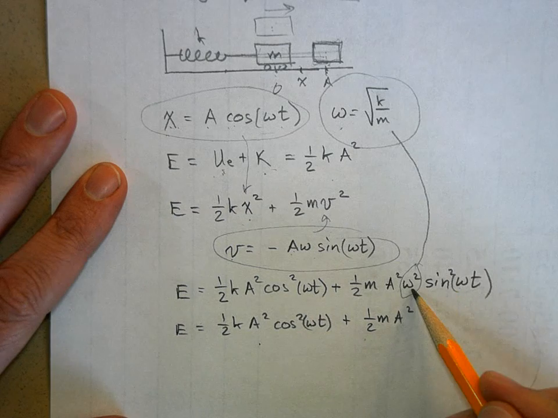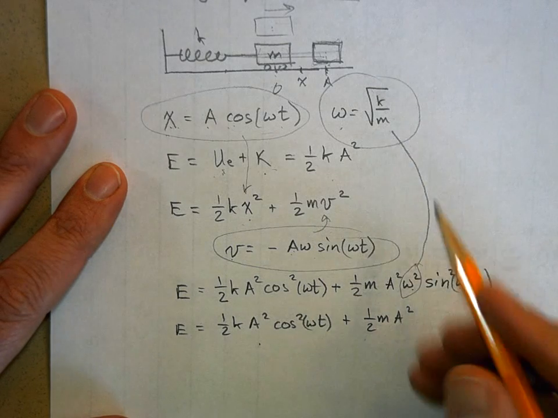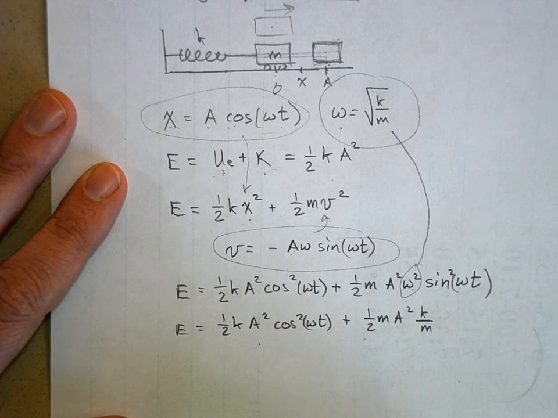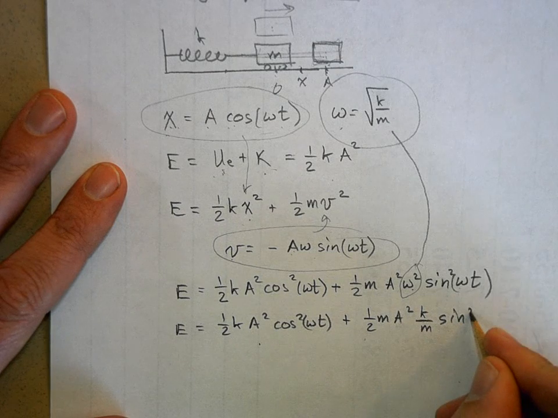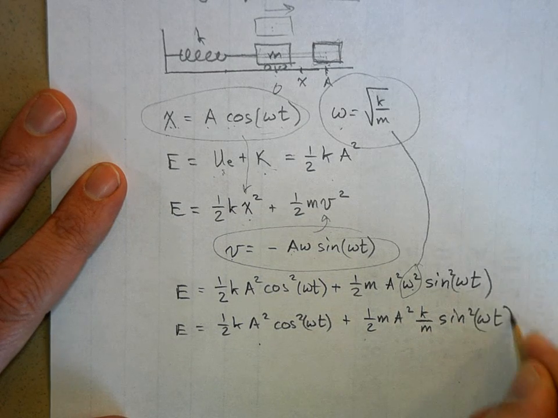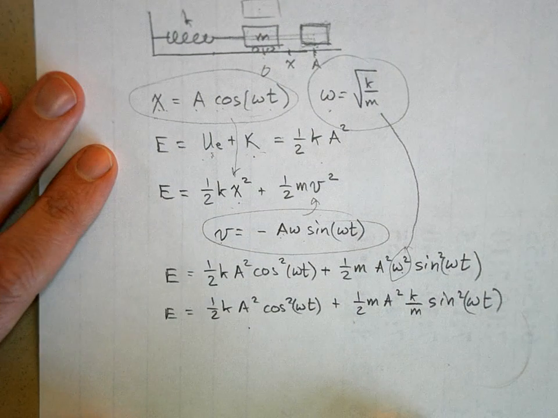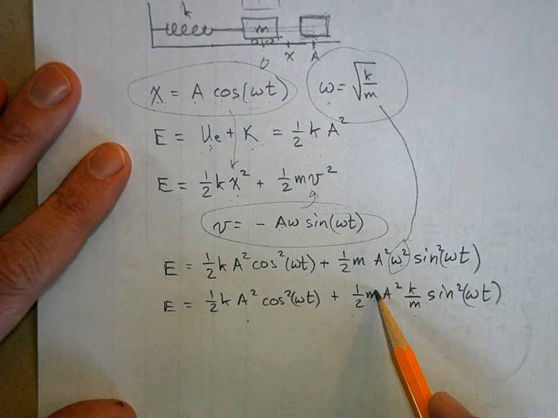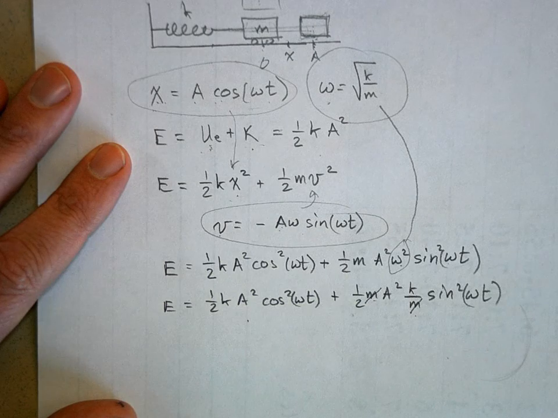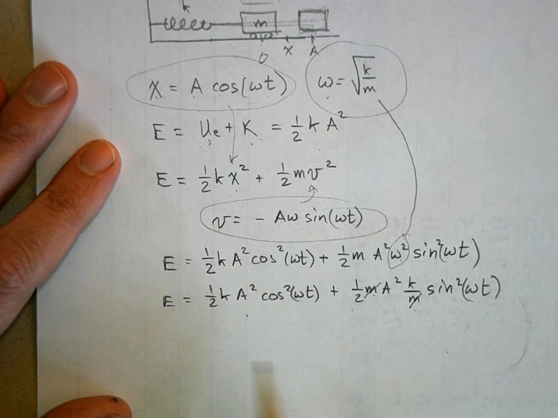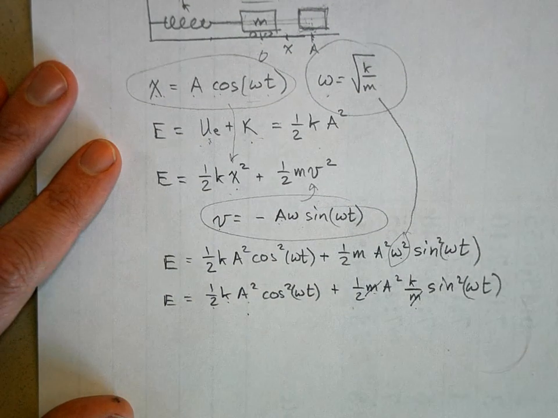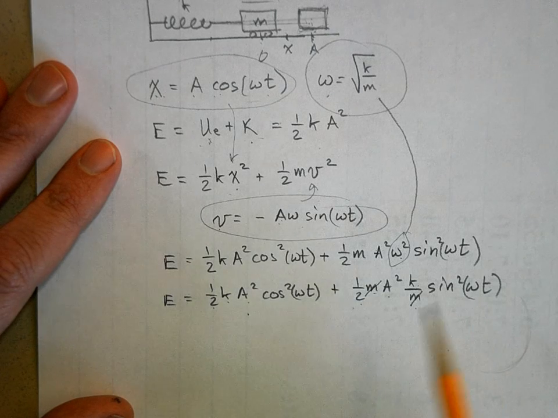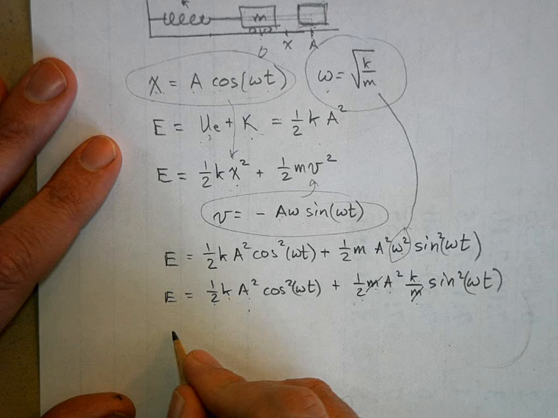Well, we said that omega squared is just K over M times sine squared omega t. I just love little things like this. Look what happens to the M. And look what I'm left with. I got a 1/2 K A squared in both terms. Let's factor those out.